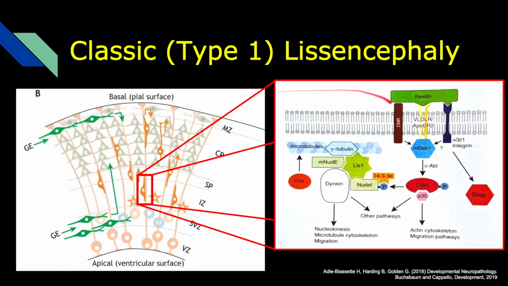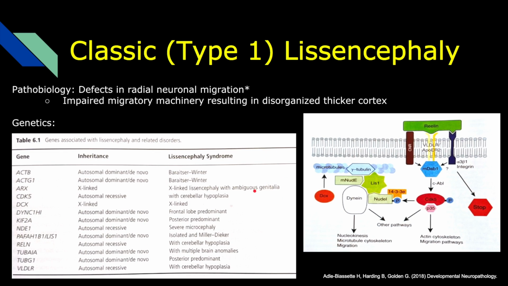Now, interestingly, when you look at proteins close together, some of the clinical phenotypes are very similar. When you look at VLDLR, you get cerebellar hypoplasia. Reelin, which is the ligand, also has cerebellar hypoplasia.